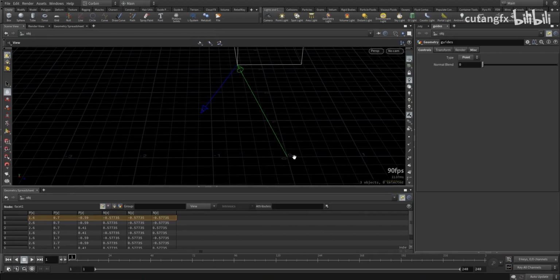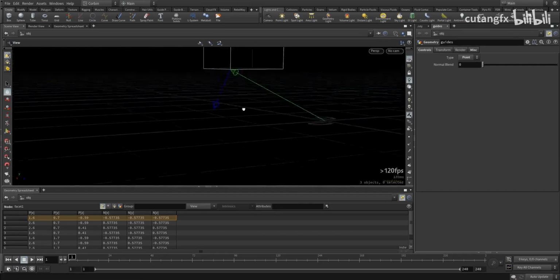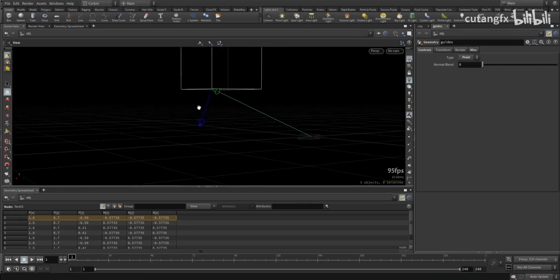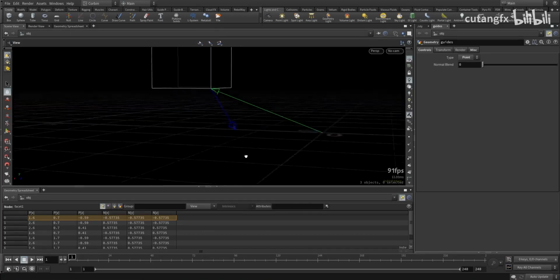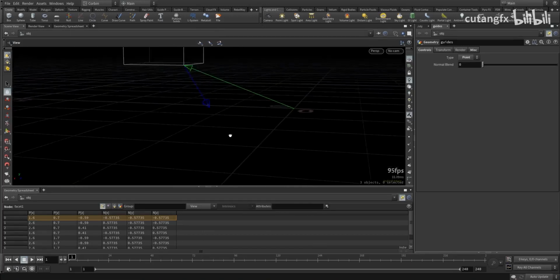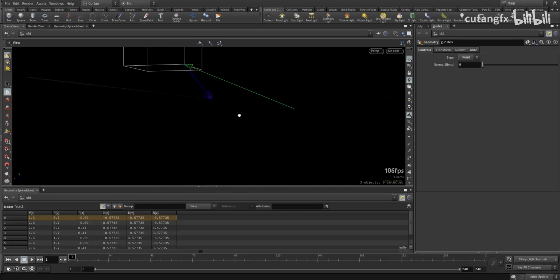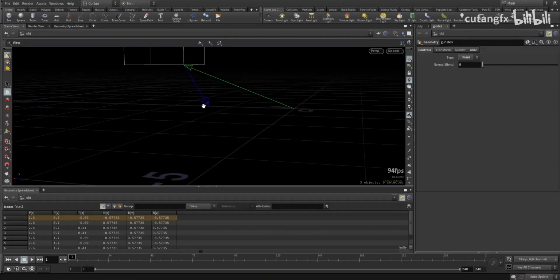So why is our z value not negative 1.2? Because that's where this is. And along y, we can see that it's above the grid line, which means it should have a positive y value. So why does it have a negative value instead?